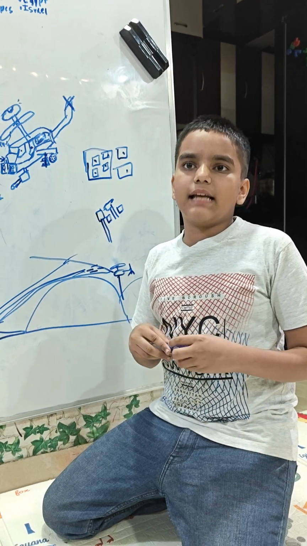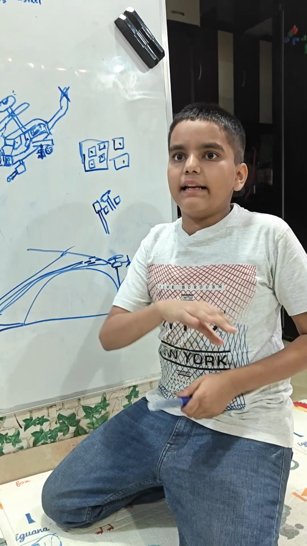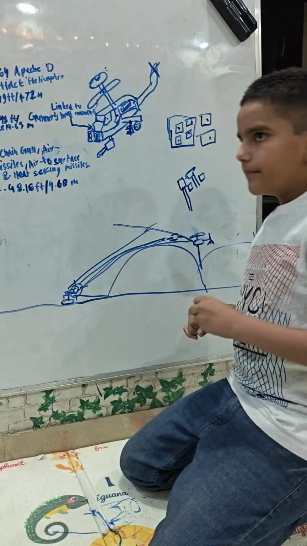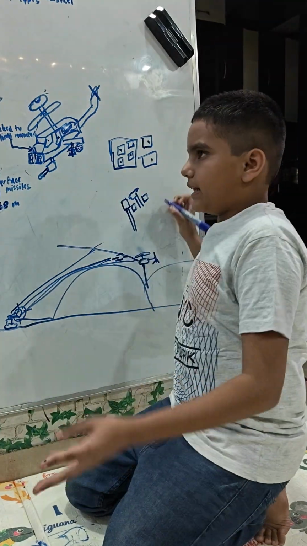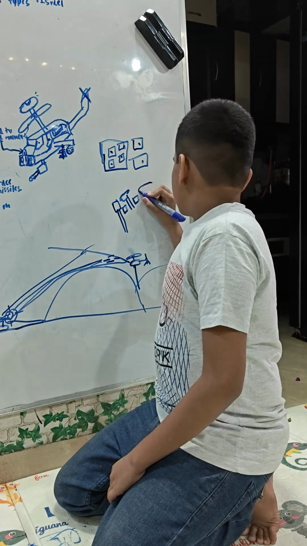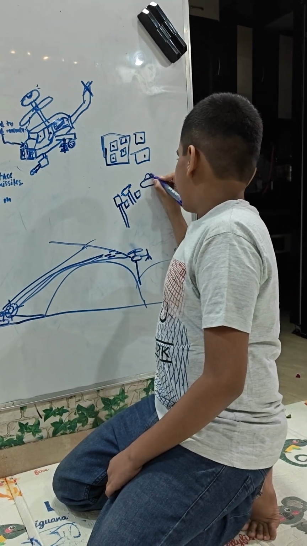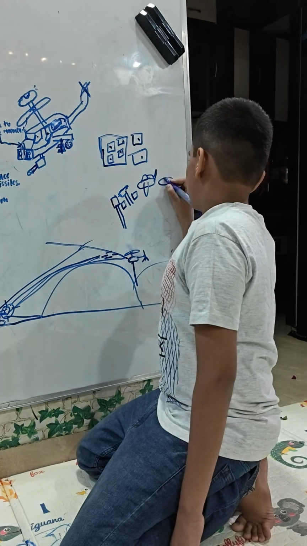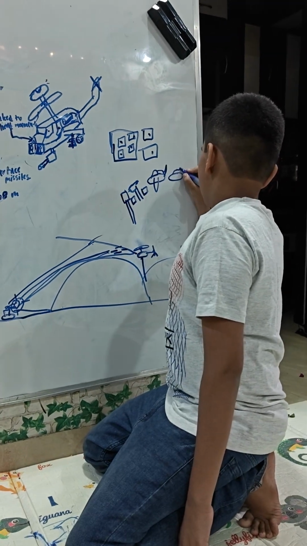So actually the Sidewinder missile is a heat-seeking missile. Let me tell you what a heat-seeking missile is. Well, suppose in a fight, let's say a dog fight, which actually happens between two fighter jets.